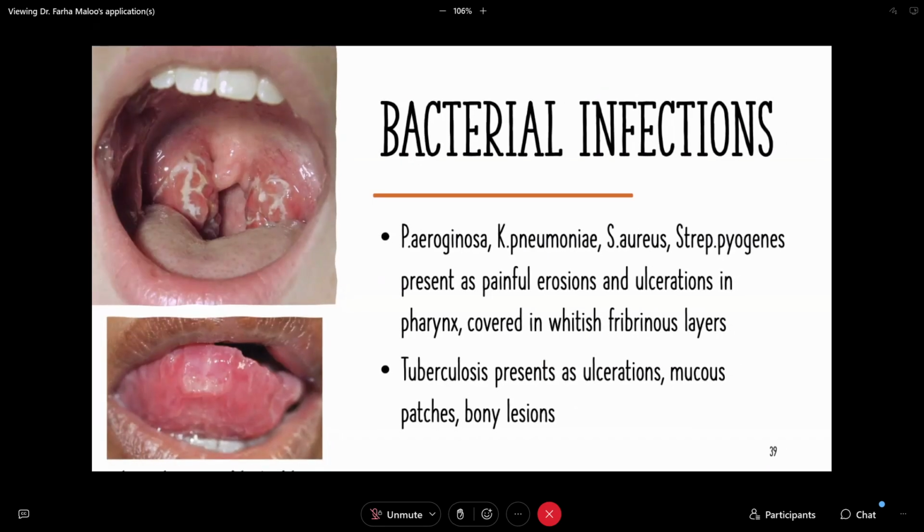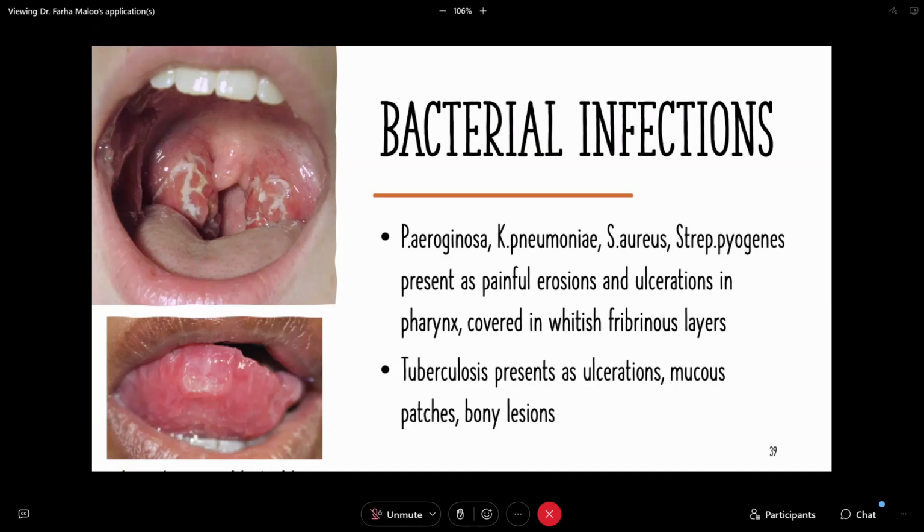Other bacterial infections which have peculiar findings in the oral cavity are Pseudomonas aeruginosa, Klebsiella pneumoniae, Staph aureus, and Streptococcus pyogenes. These bacteria cause typical painful erosions with ulcerations in the pharynx and the tonsils, and they are peculiar in the way they have whitish fibrinous coverings.